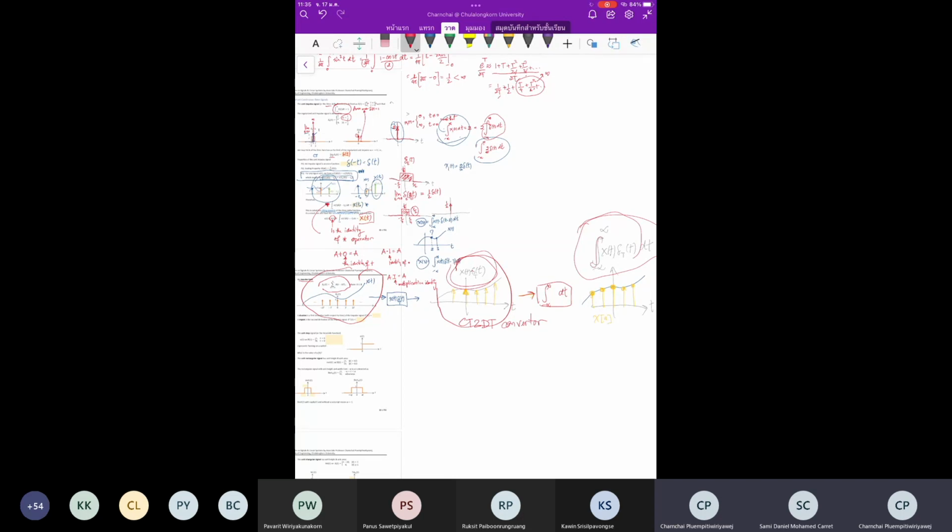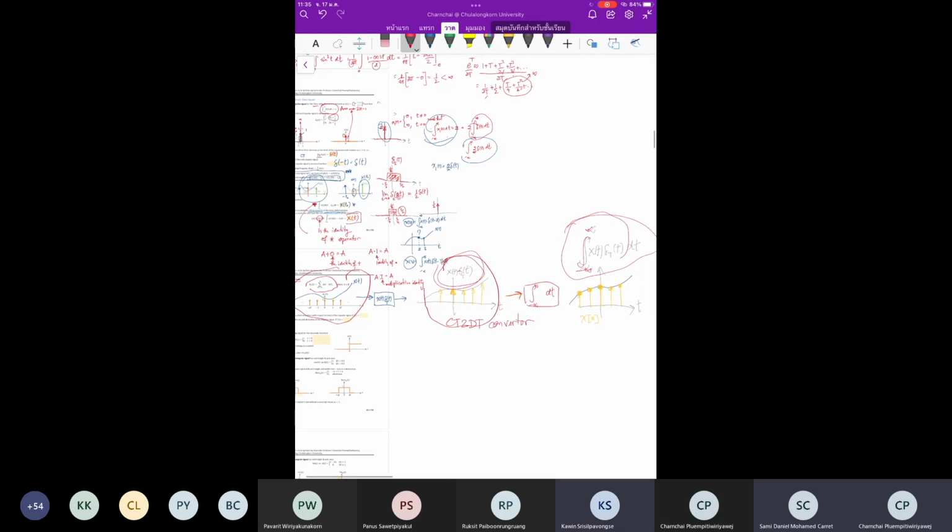This one has integrations. So the middle one is the impulses. Once you integrate it, you got a dot. Ah, okay. Thank you.